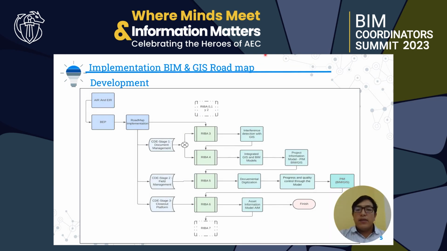Based on what was commented on the previous slide, we developed a BIM execution plan in which we expressed our roadmap for the project, giving priority to the methodological development of a common data environment during RIBA stages 3, 4, 5, and 6.